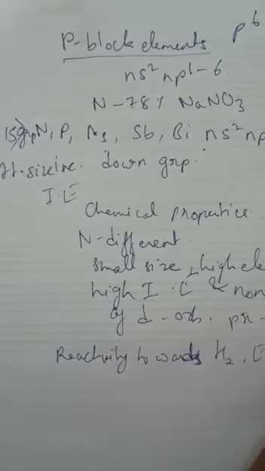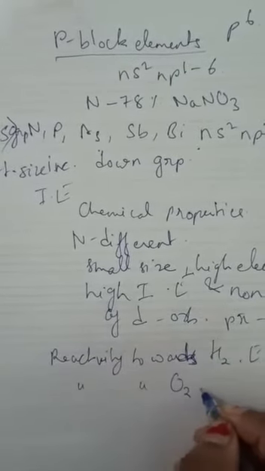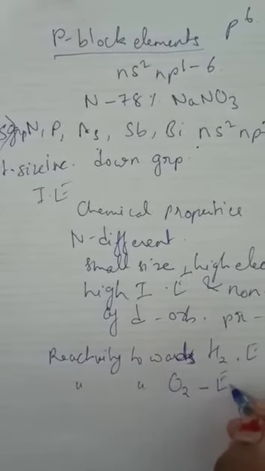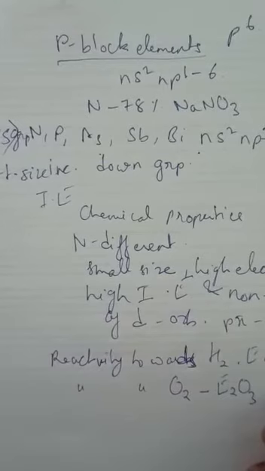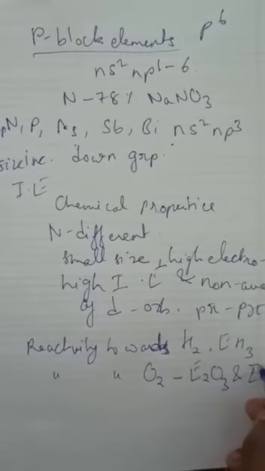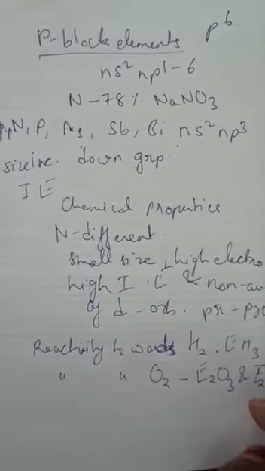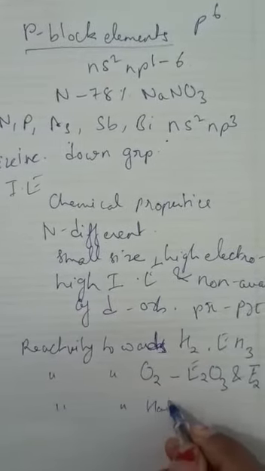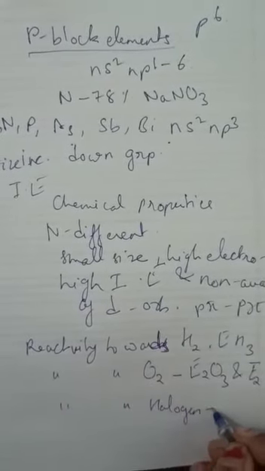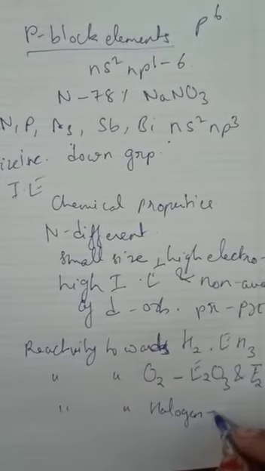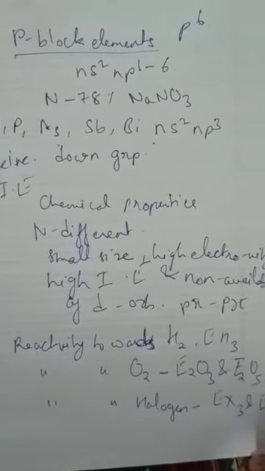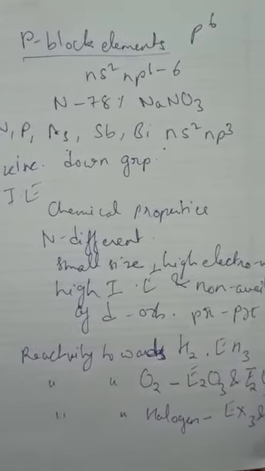Okay, and in case of reactivity towards oxygen, all these elements form two types of oxides. Either it could be E2O3, and also they form oxide of type E2O5. Okay, and when it reacts with halogens, then in that case they form halides of two types, that is of EX3 type and EX5 type. Okay, here X is any halogen atom.